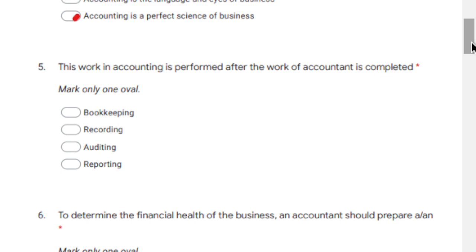Next, this work in accounting is performed after the work of an accountant is completed. So, answer for this number is auditing.